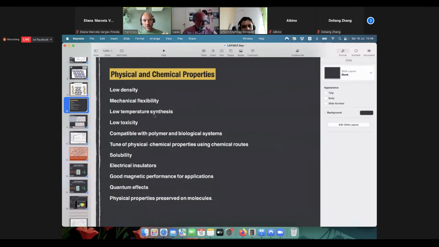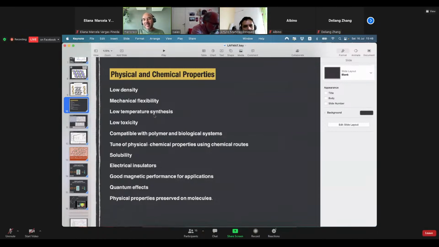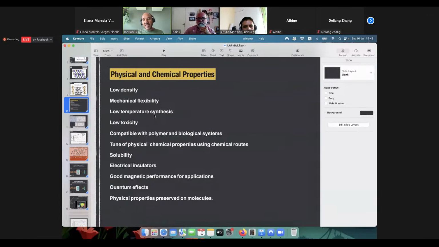Compatibility with other materials. However, as with other materials, it has problems. For example, the magnetic density is quite low, because the magnetic centers are diluted inside a lot of non-magnetic material.